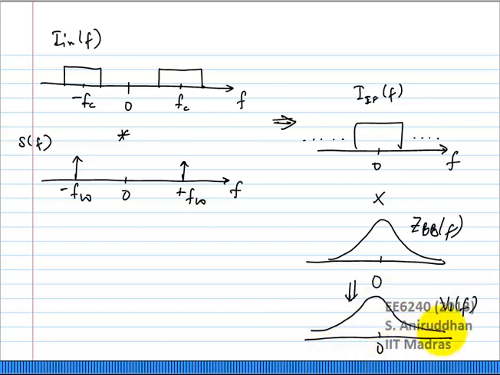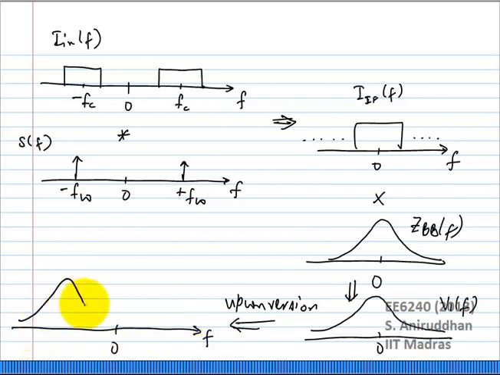So again frequency dependent. Now this undergoes up conversion through the switching pair to give you the output, a shaped output at plus or minus FLO, or plus or minus FC, which is the carrier frequency.